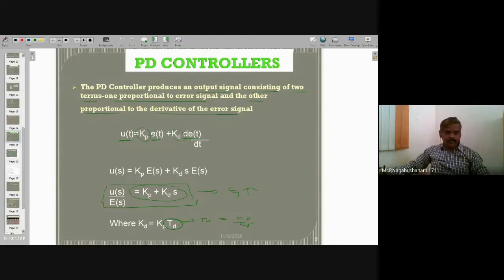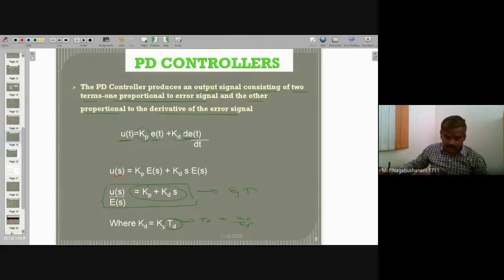To represent that proportional constant, I'm using Kp, and for the derivative, Kd. U(t) is the output of the controller. I told you for any controller the input is the error signal. E is the input, and output by input is Kp plus Kd s.